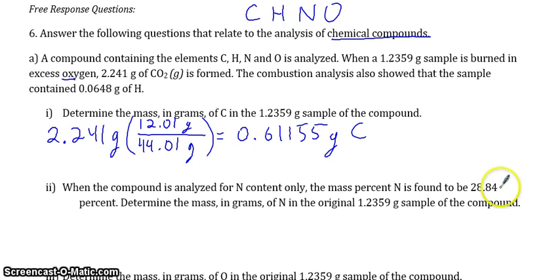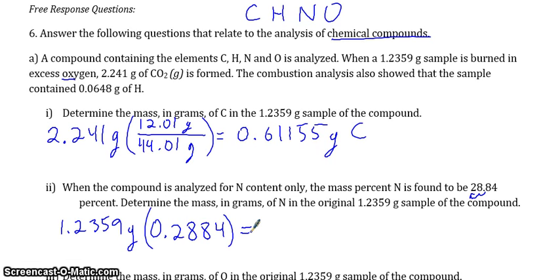So we're going to do 1.2359 grams multiplied by 0.2884, and if you do this calculation, we get 0.3564 grams of nitrogen.